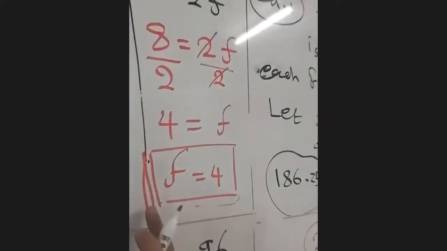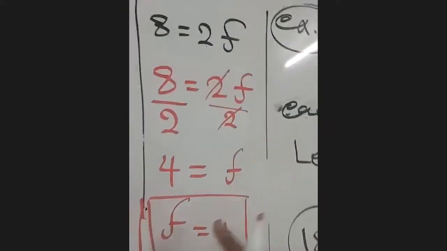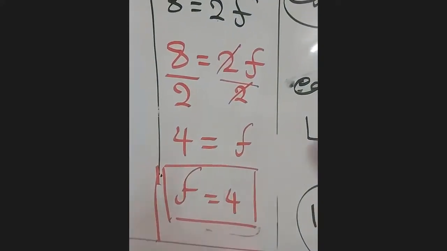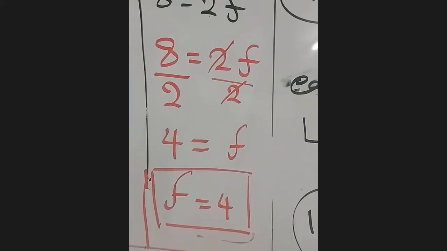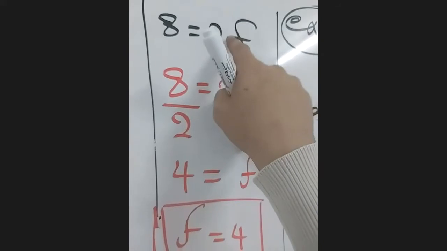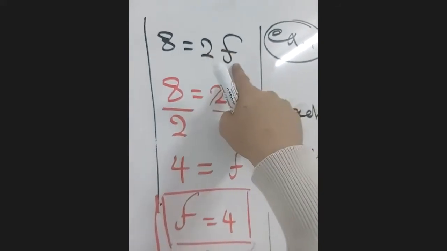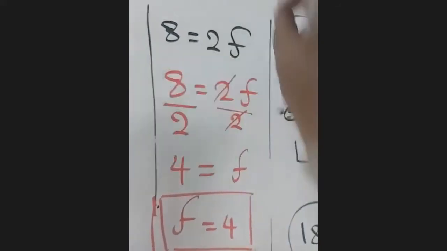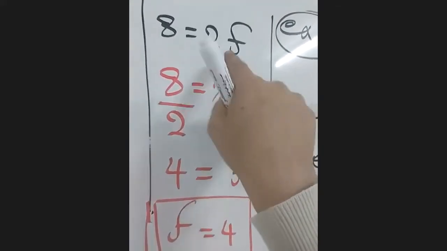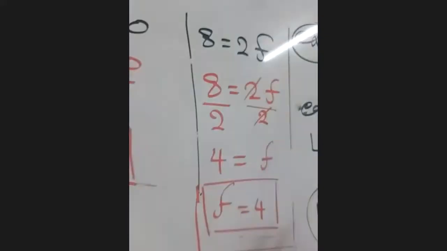Now to check our answer, replace f by 4. Not 24. We will say 2 multiply by 4. 2 times 4 is 8. Done.